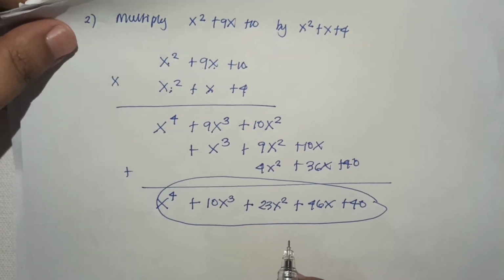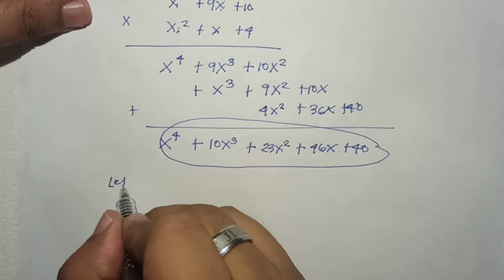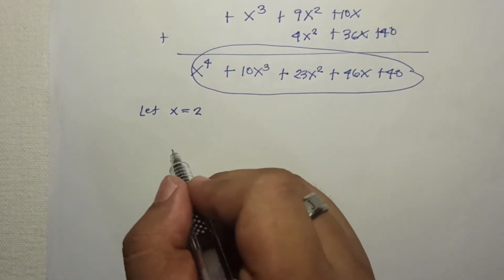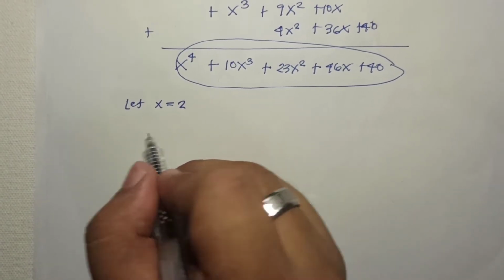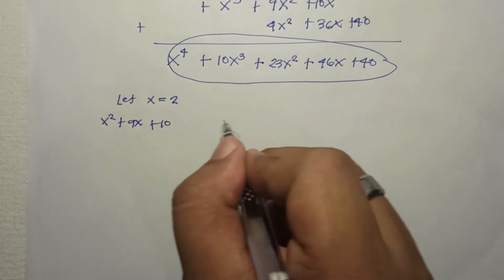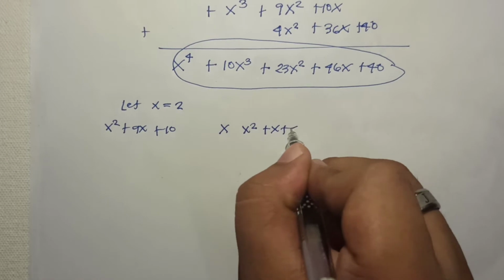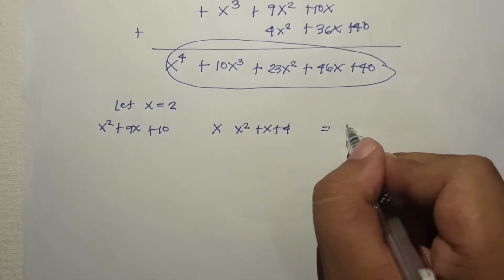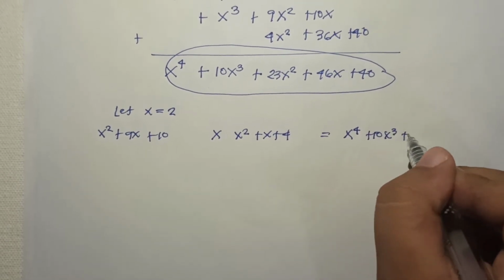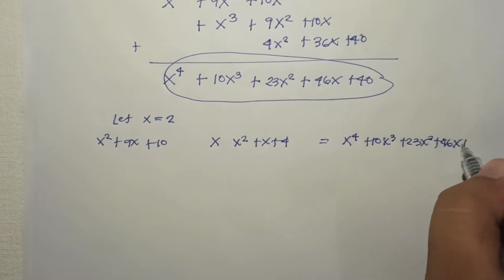By checking, we could still have the checking here. Again, we're going to let x be any number, same 2. So we have x squared plus 9x plus 10 times x squared plus x plus 4 is equal to x raised to 4 plus 10x cubed plus 23x squared plus 46x plus 40.